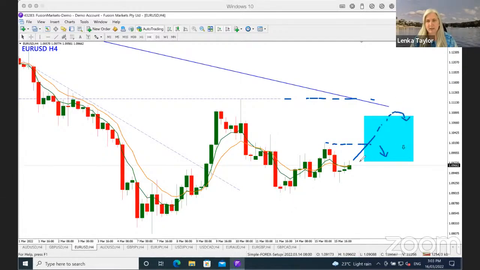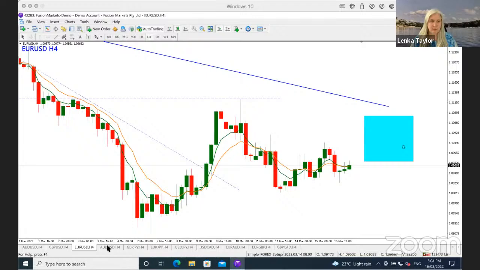That might take at least a few bars if it's coming to here, and it might be the next few days if it's going to be further up. So let's just wait for the pullback and a good reversal on there.